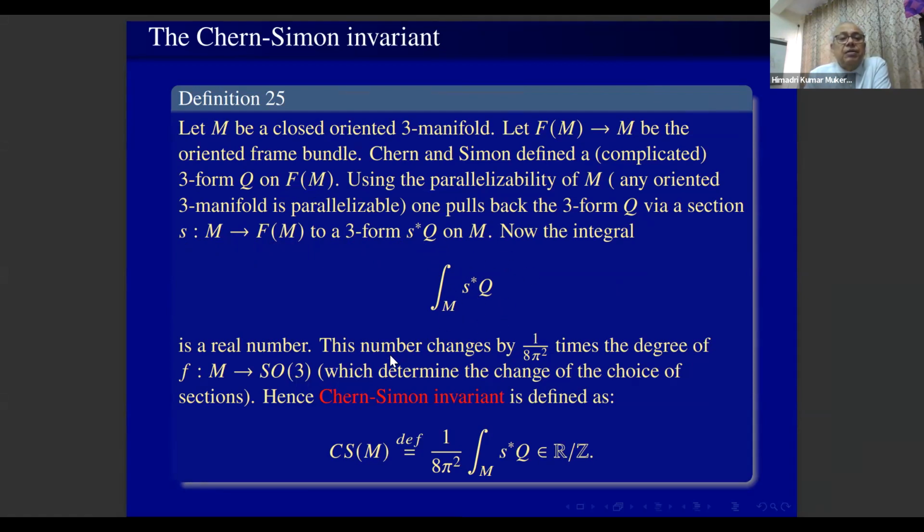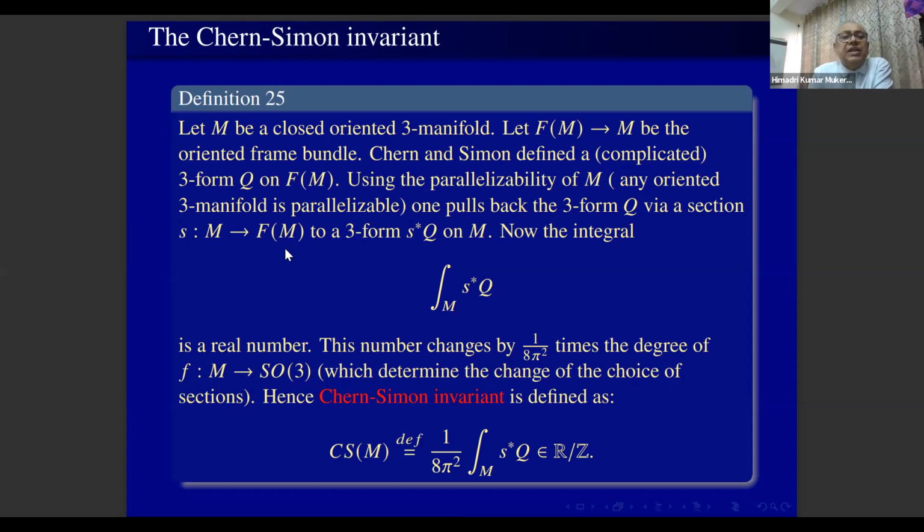So this is a real number, but this number changes with the choice of the section, because you can have many sections, and for each section you have a different real number. But these numbers differ by an integral multiple of 1 over 8 pi squared, and these integers are the degree of this map from M to SO(3), which determines the change of choice of sections.